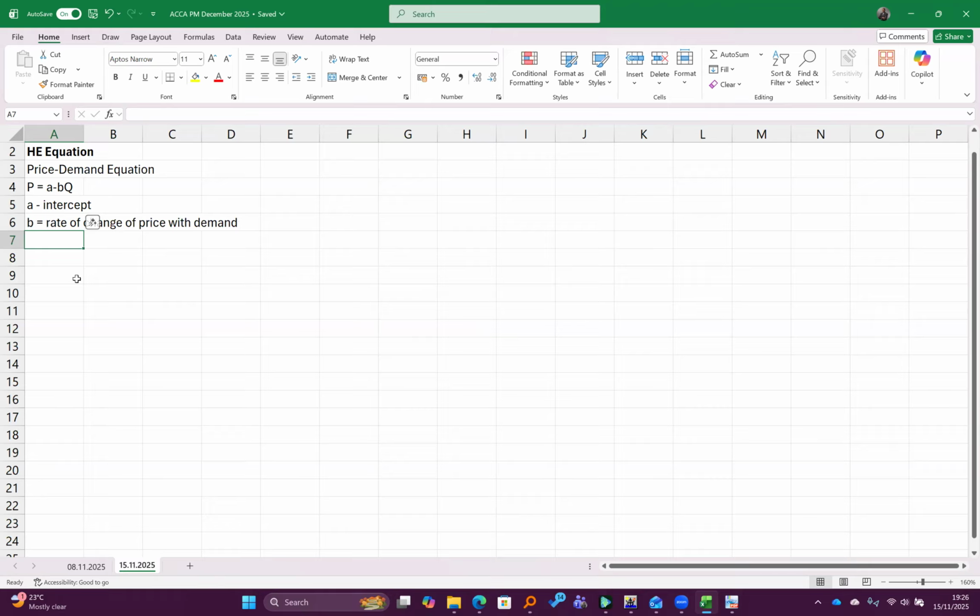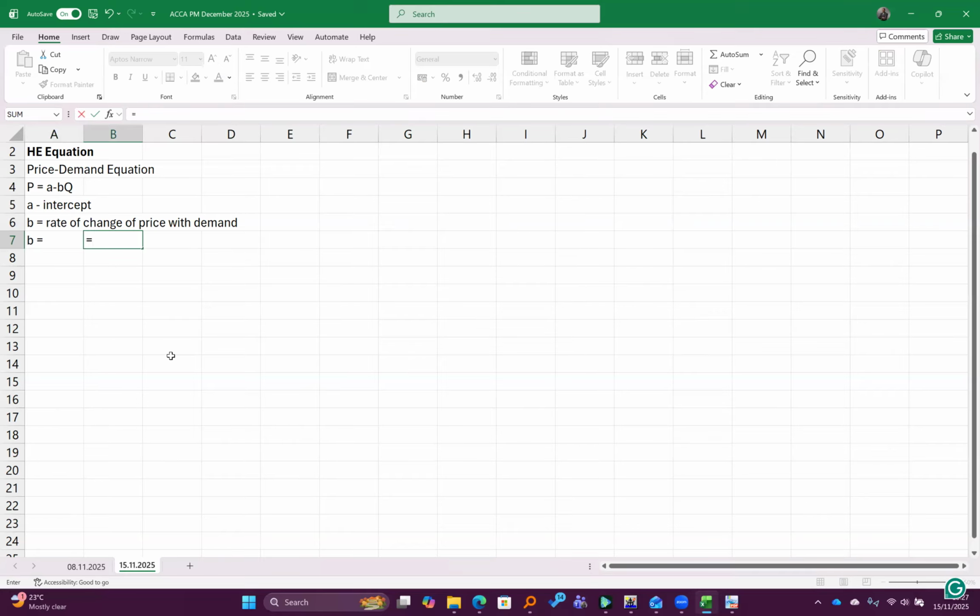So basically what we do, we just say to get B, B is going to be, so now from here, if you try to rearrange this equation, basically B will equal to the price divided by the demand.